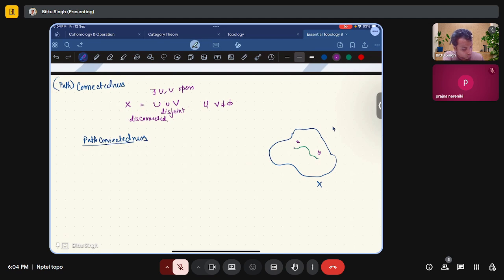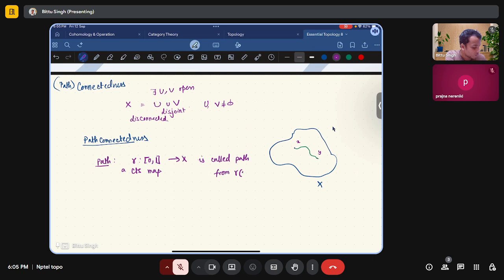So let me define what a path is. A path is a continuous map, denoted by gamma, from [0, 1] to a topological space X. For example, this can be thought of as gamma 0 and this is gamma 1, and this will be some gamma t.